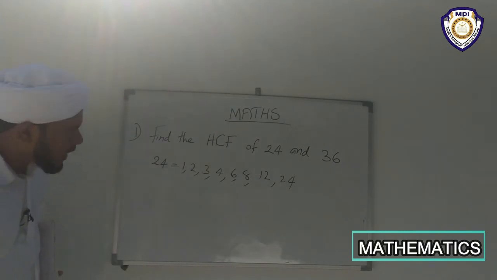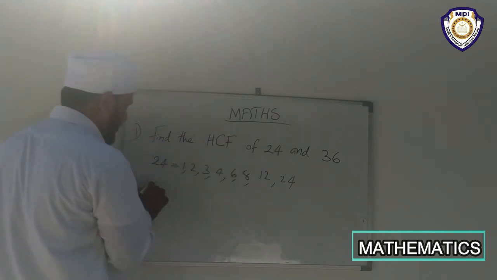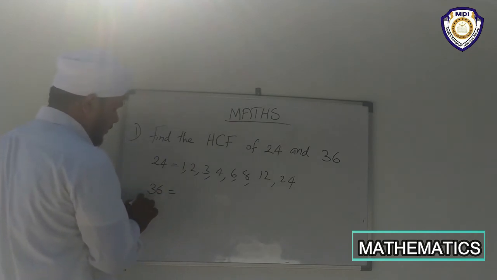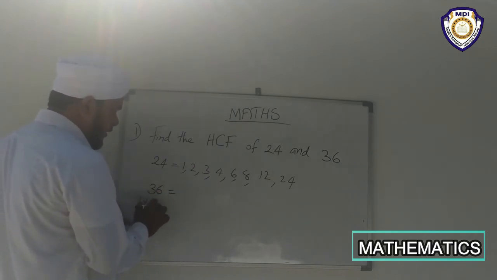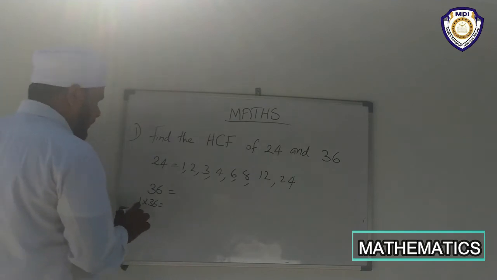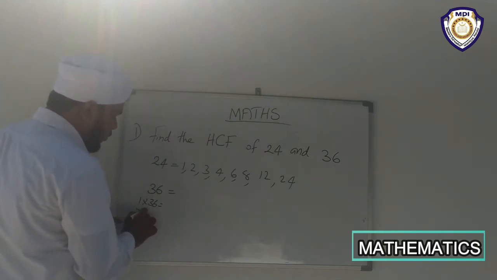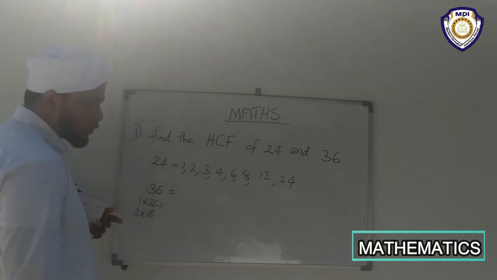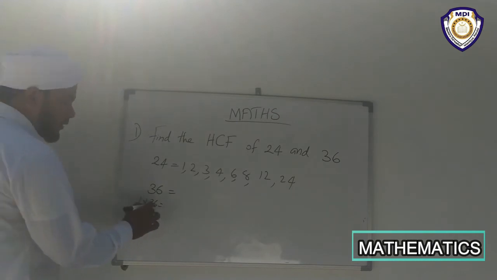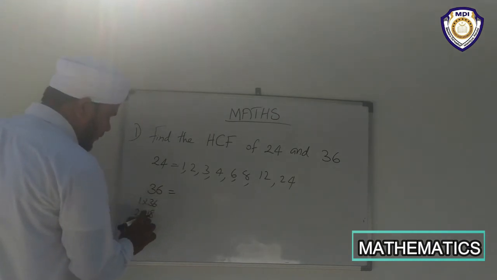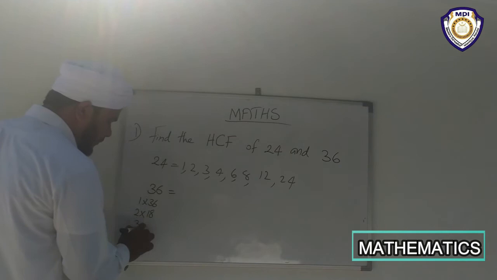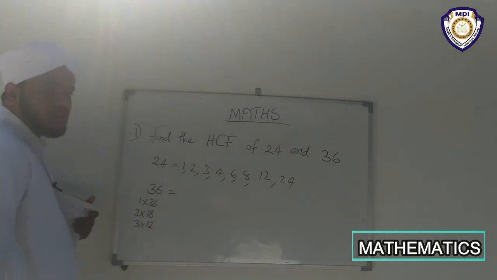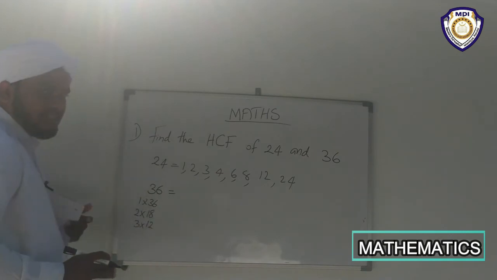Then we have to find out the factors of 36. Which are the factors of 36? Yes, 1 into 36. Then 2 into 18, 36. Then 3 into 12, 36.